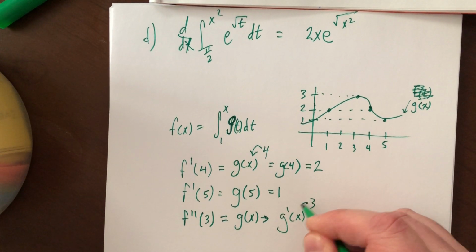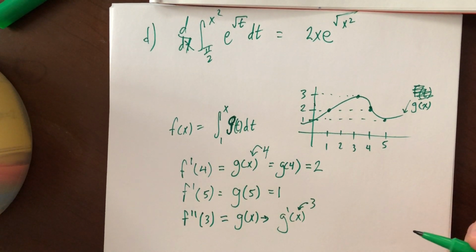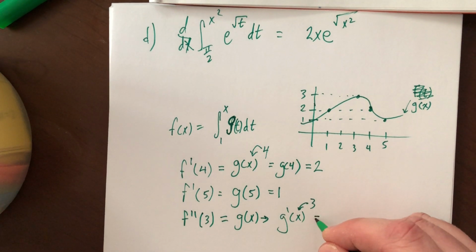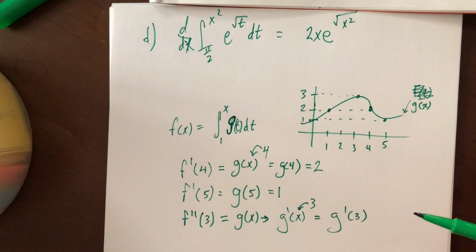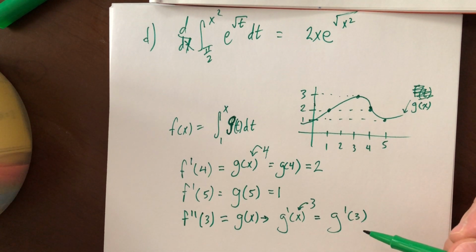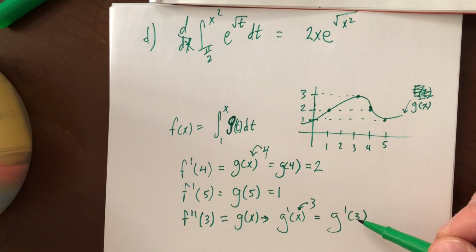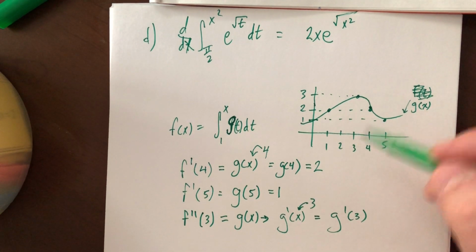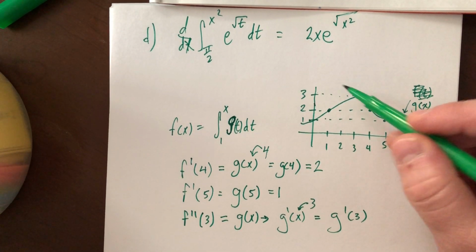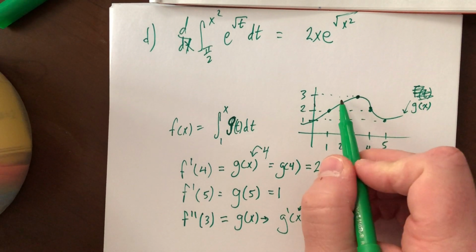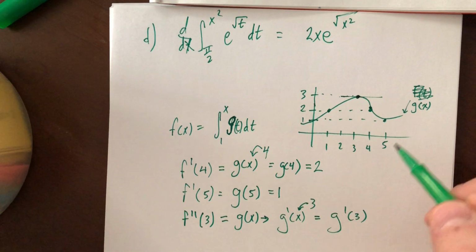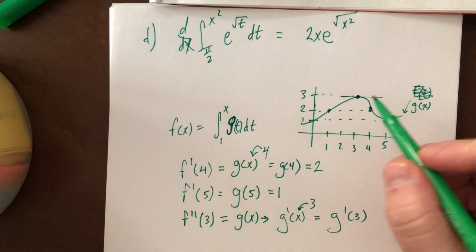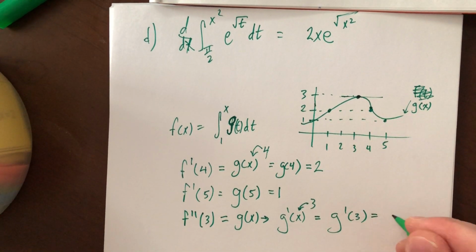And then we're going to stuff in the 3. Well, g prime of 3. Remember, what's the slope of the tangent line when x is 3? Go to your curve, go to 3. What's the slope of the tangent line? There would be something that says this is definitely a relative maximum, but it looks like it's flat.